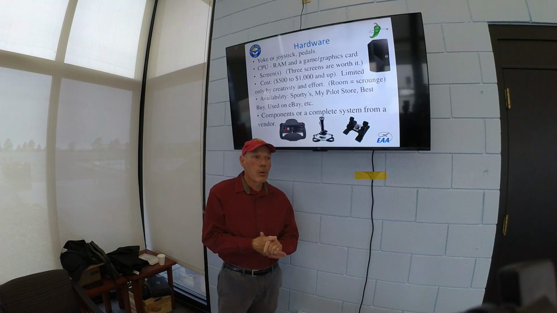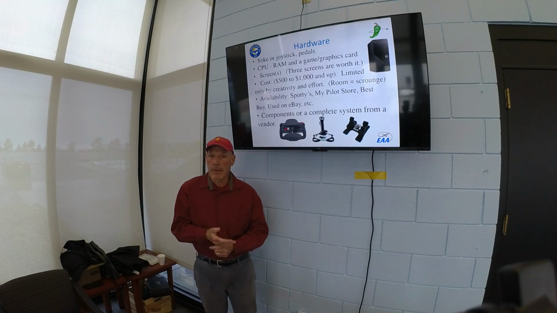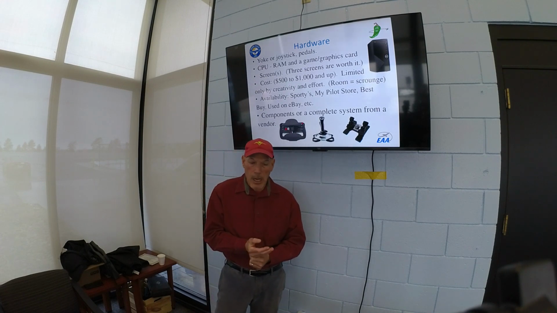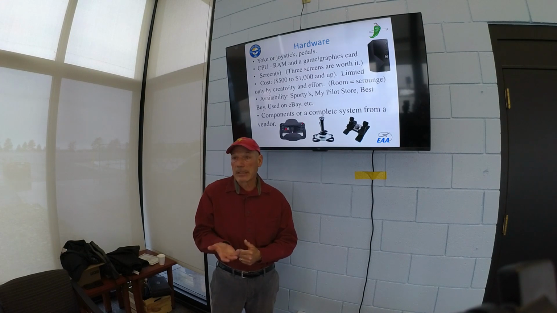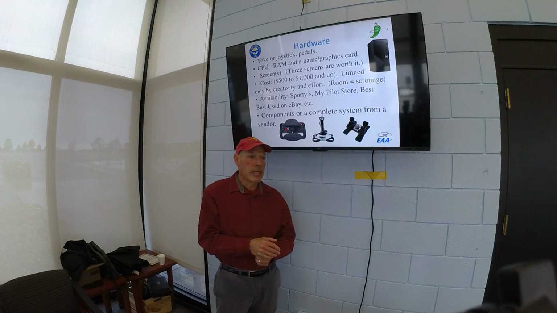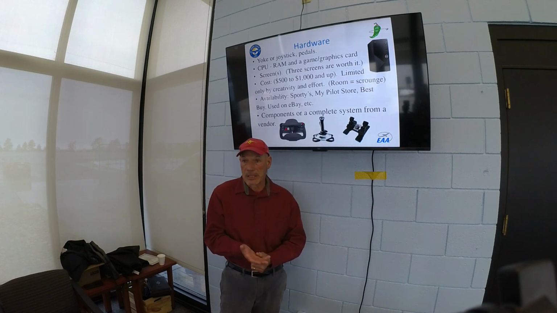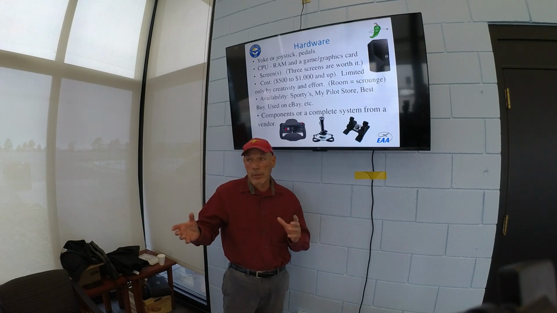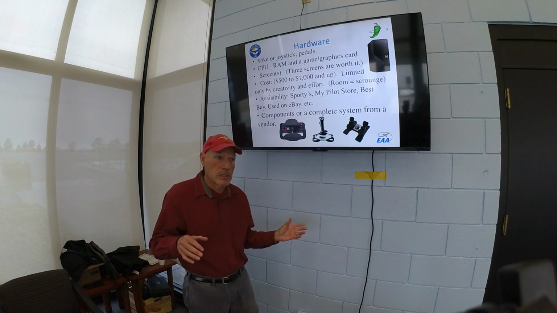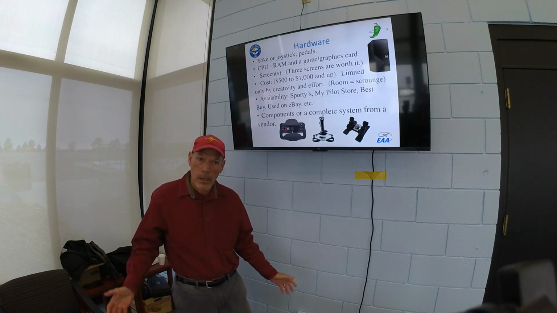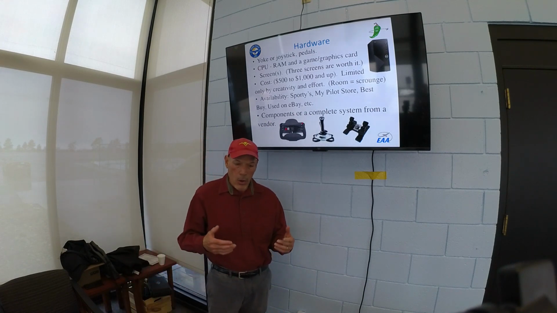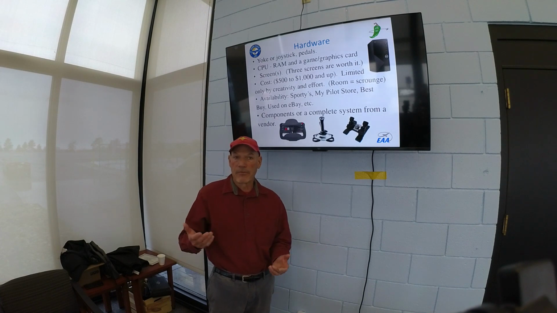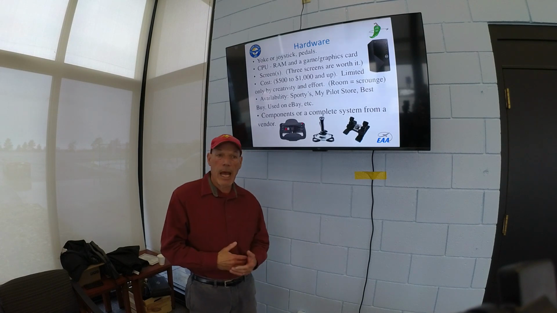You can buy components from Sporties and My Pilot Store. I got my screens from Best Buy. Certainly you can get stuff on eBay or Amazon. And you can pick and choose what components you might want for your own system. Or you can buy a whole complete system from a vendor, which is what I did.